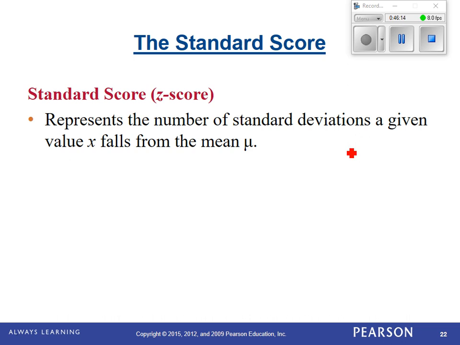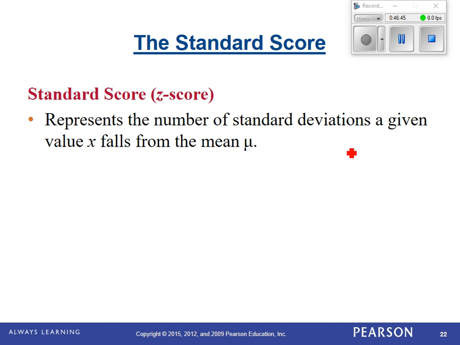A Z-score, a standard score, represents the number of standard deviations a given value X falls from the mean. We're going to learn how to change any of the scores into a Z-score. That way we can compare different things. So if you took the SAT and you took the ACT, you can't compare a 1200 to a 22 or whatever.